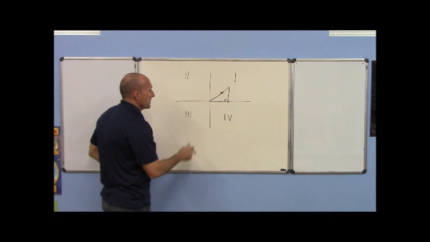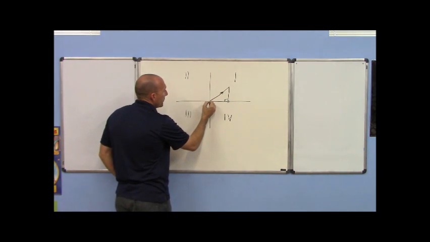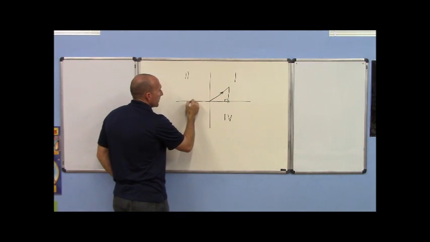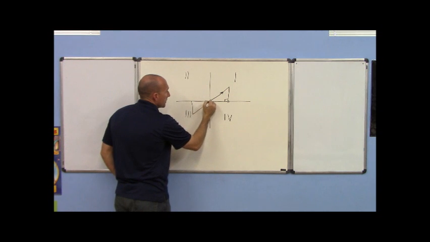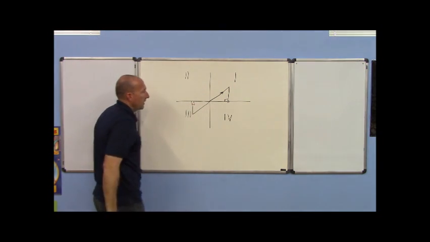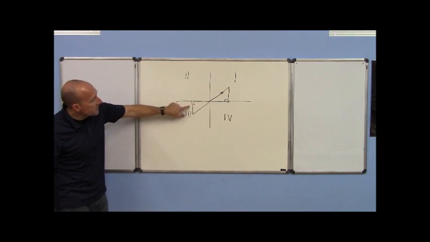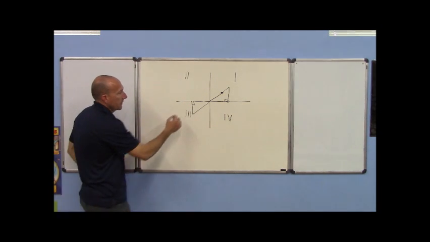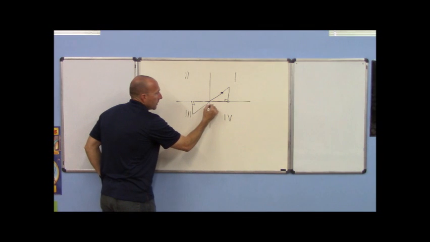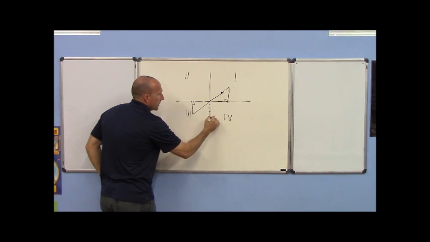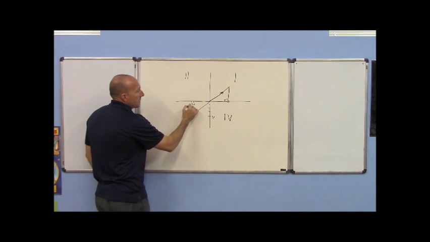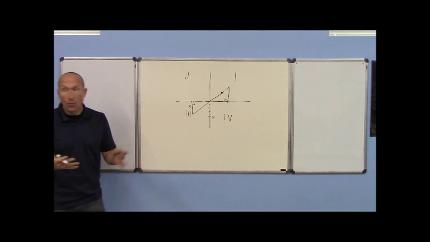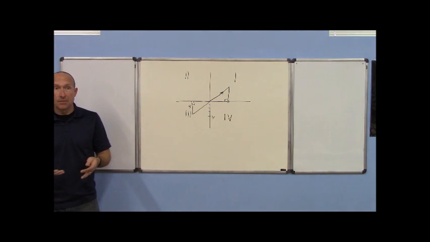So what that means is if you have this here, and you have a right triangle, even though this would be negative in the y direction, like say negative 4 units, this is still a positive 4 units in distance, okay?